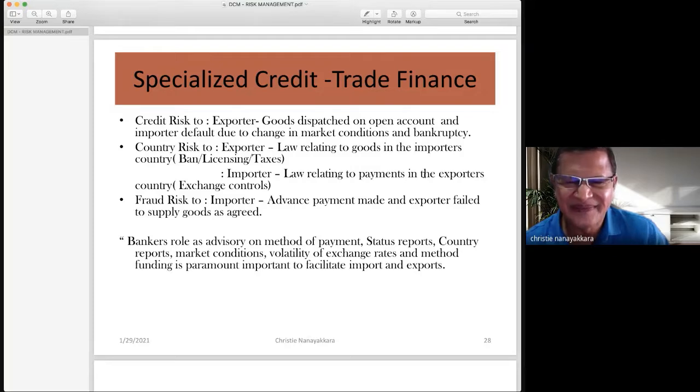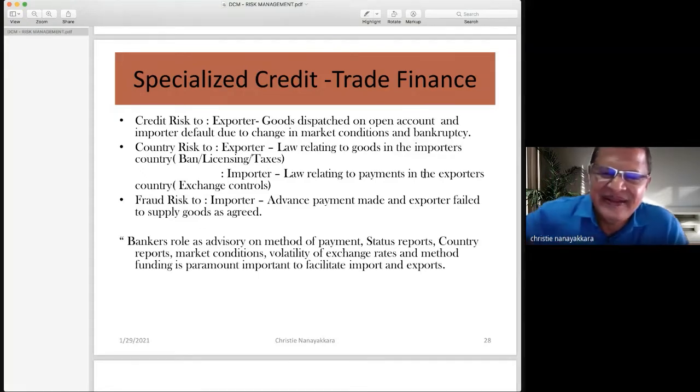You may have done multiple imports and exports, and therefore all the bills purchased by the bank will remain there. So on the exporter side, we establish our first limit called FBP, or foreign bills purchase, under which limit you can establish a packing credit line.